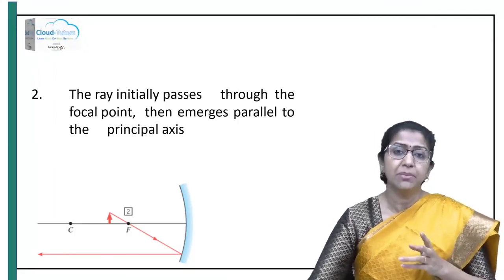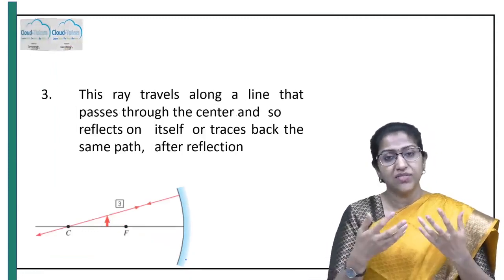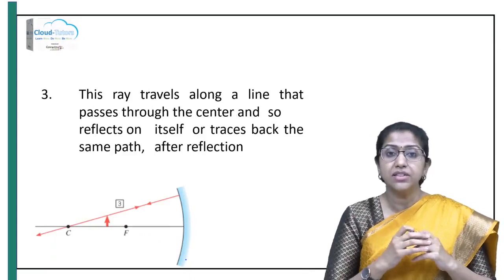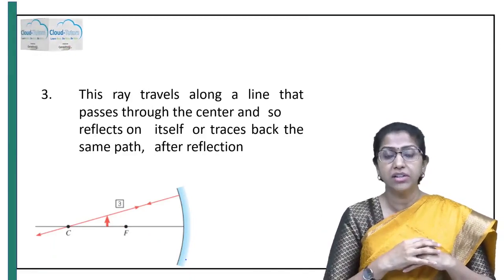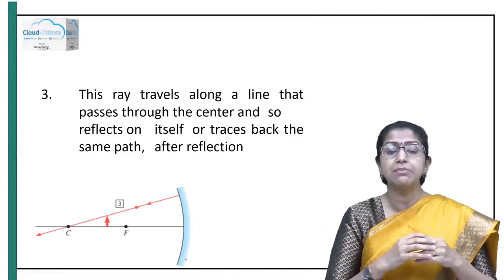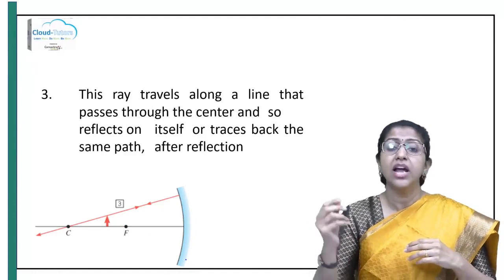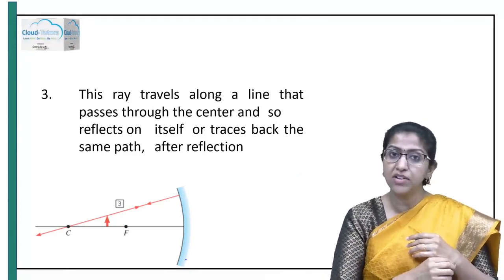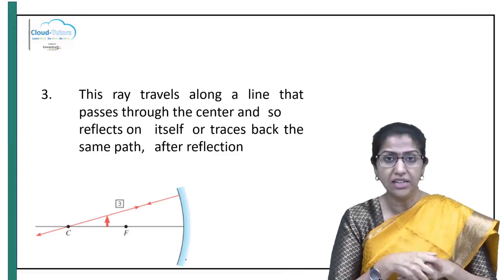The third one is a pretty easy one, and it is very easy to remember as well. Whenever there is a ray that is incident onto the surface of the mirror passing through the center of curvature, it always traces back the same path, passing through the center of curvature again after reflection.